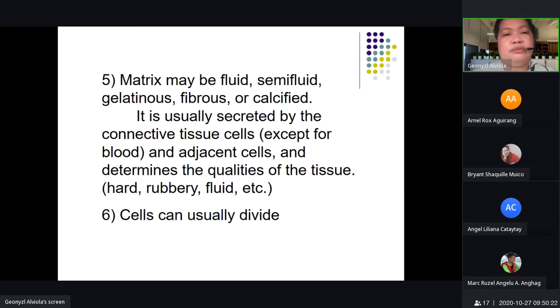The matrix may either be fluid, semi-fluid, gelatinous, fibrous, or calcified, because blood is a fluid type. It is usually secreted by connective tissue cells except for blood. And the cells usually divide, like the epithelial cells.